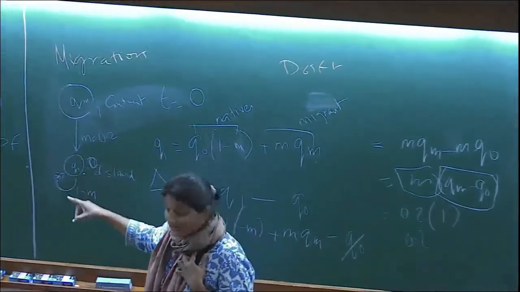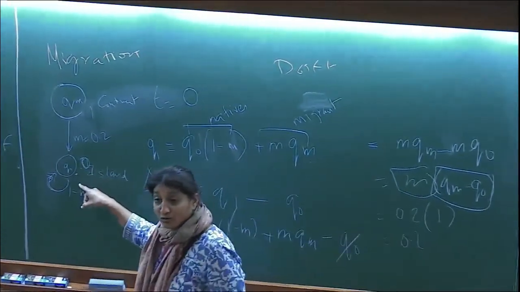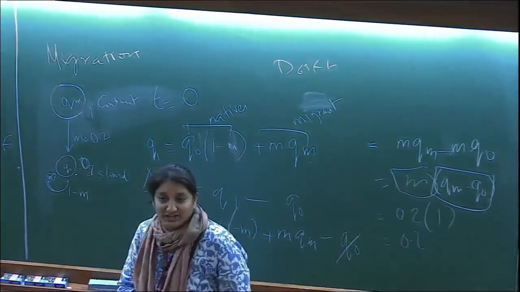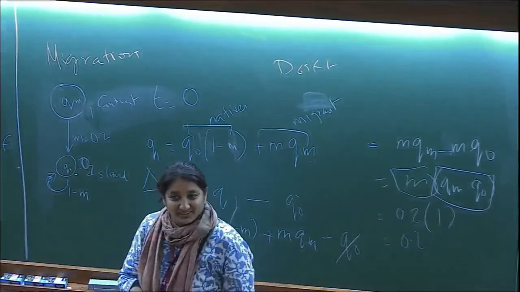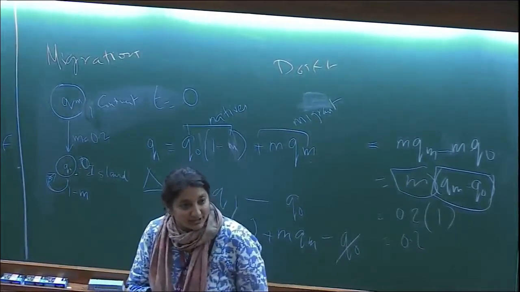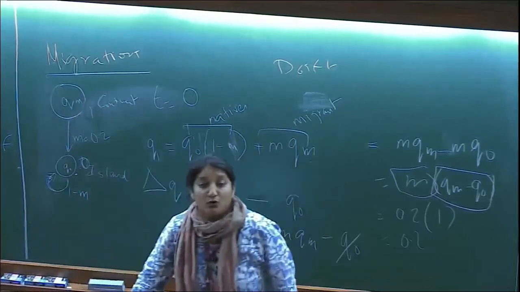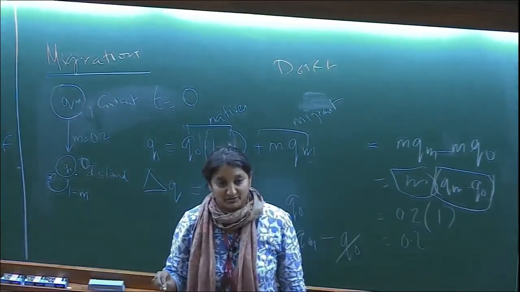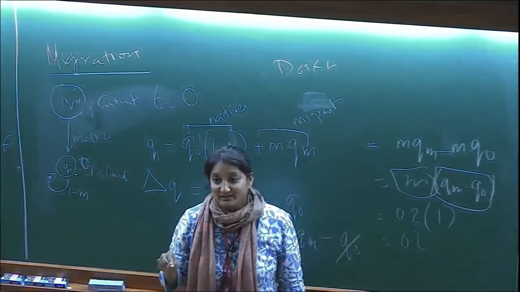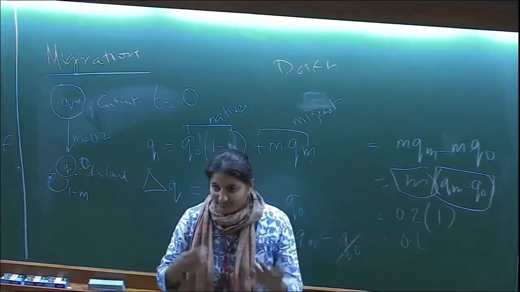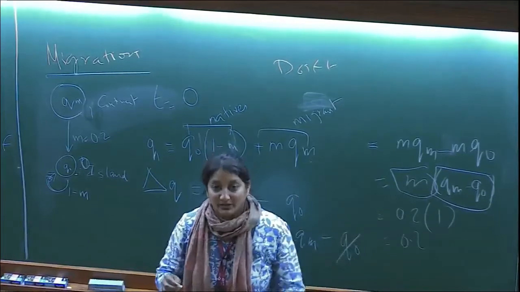So in just one generation of movement, this frequency will go from 0 to 0.2, right? That's a huge change in allele frequency. So migration is a strong force of evolutionary change. Very quickly, migration can alter allele frequencies.